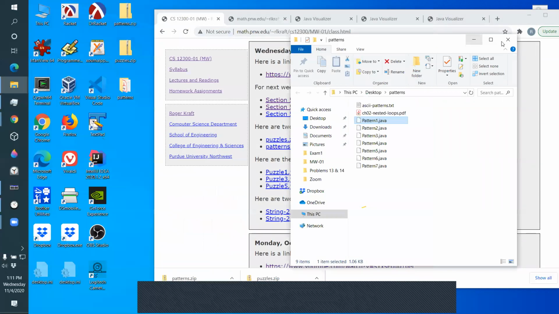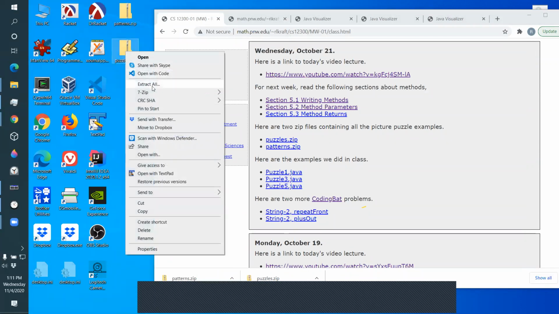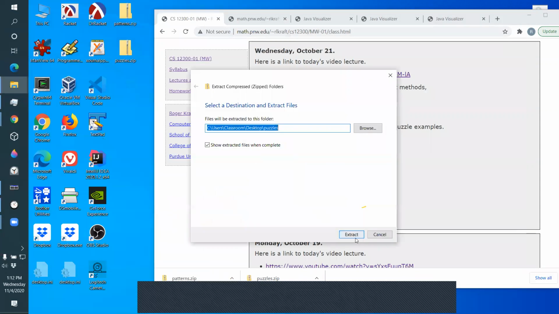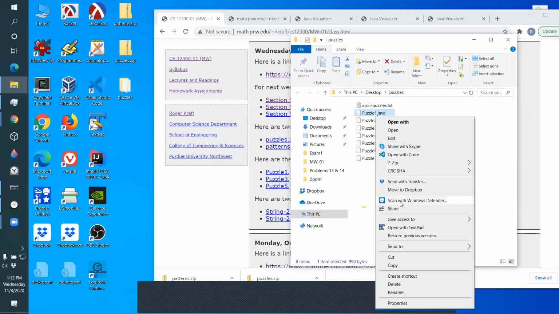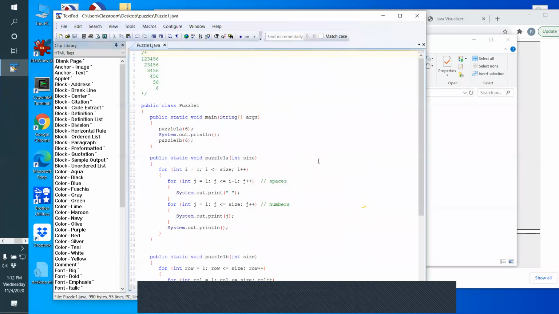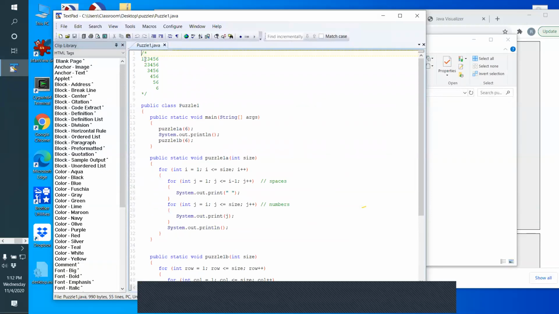Okay, I think it was the puzzles. Yeah. See, we wanted this output.